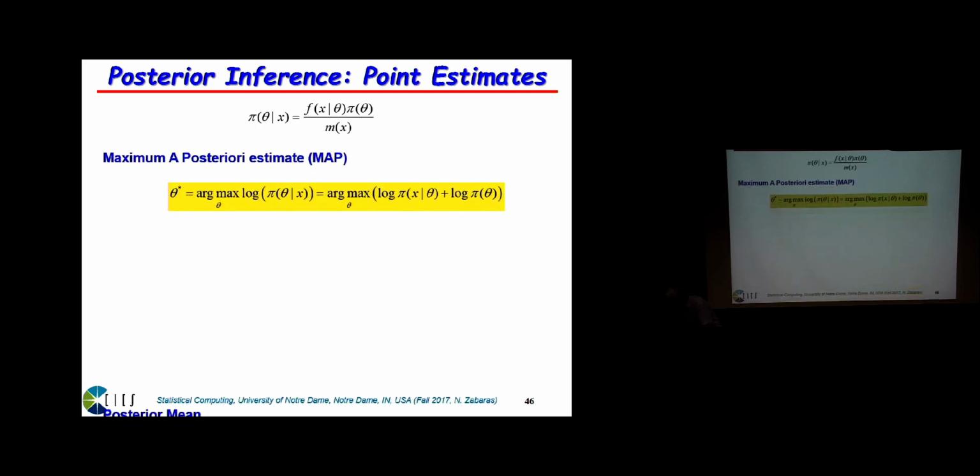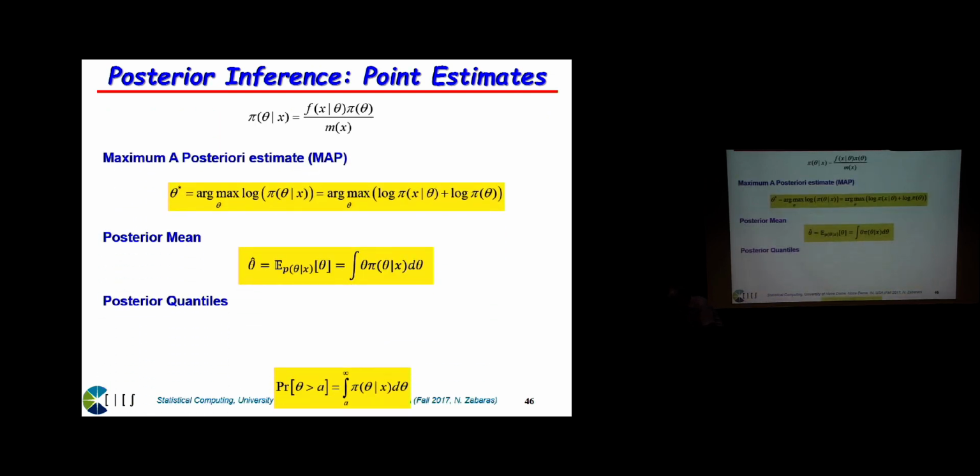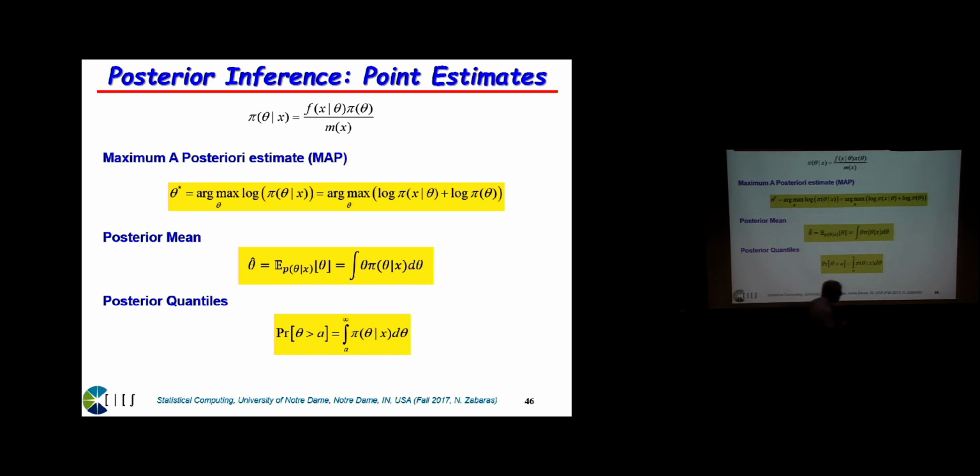So if you have the posterior, not that you'll be interested just in point estimates, but we had a maximum likelihood estimate, so let's formally see all the point estimates that somebody can get with the posterior. The first one is the MAP estimate, the maximum a posteriori estimate, which maximizes the posterior with respect to theta. This is similar to maximum likelihood, but it differs because now there is a log of the prior there.